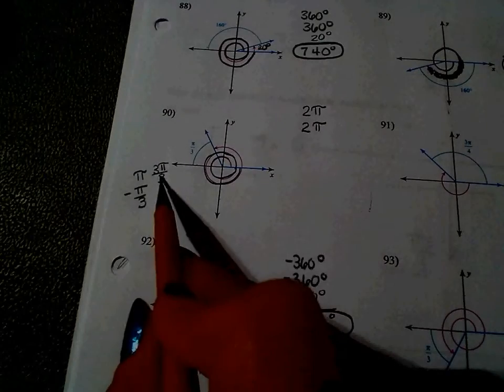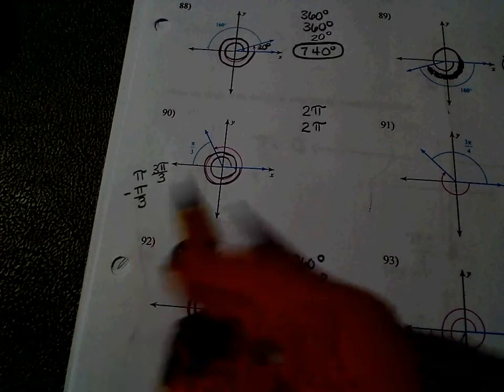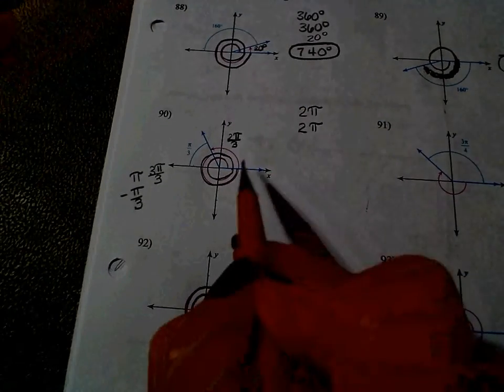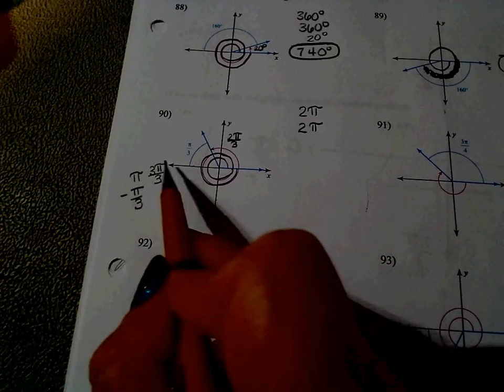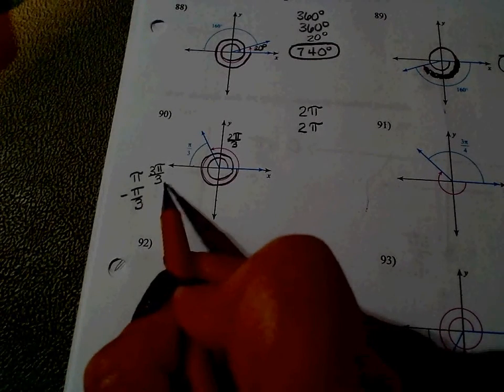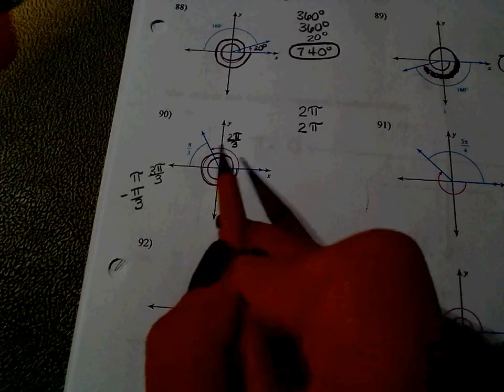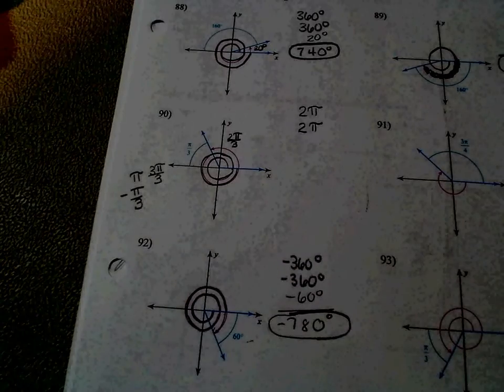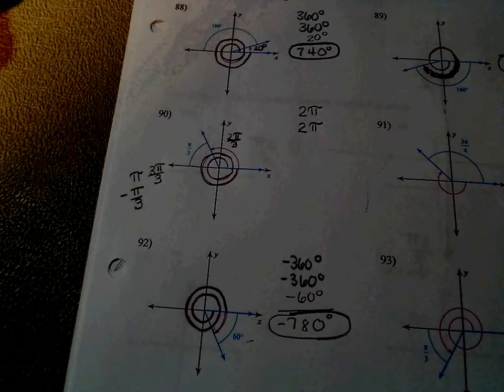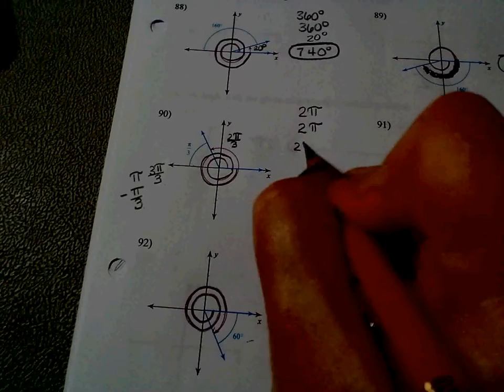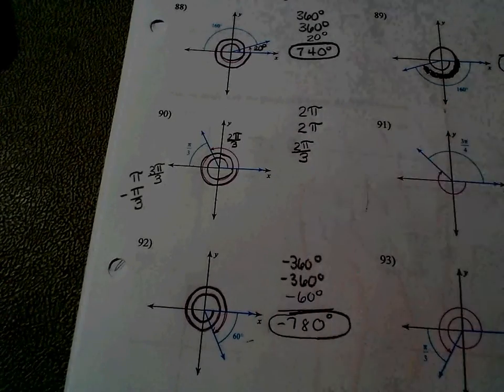1 whole pi is 3/3. 3/3 take away 1/3 means that this part right here is 2/3. Let me say that again. A straight line is a whole pi, which is 3 over 3. But I'm not going 1/3. So 3/3 take away 1/3 leaves me with 2/3, and it's got to have a pi in it because that's the mark of it being in radians. So I have to add 2 pi thirds to this.